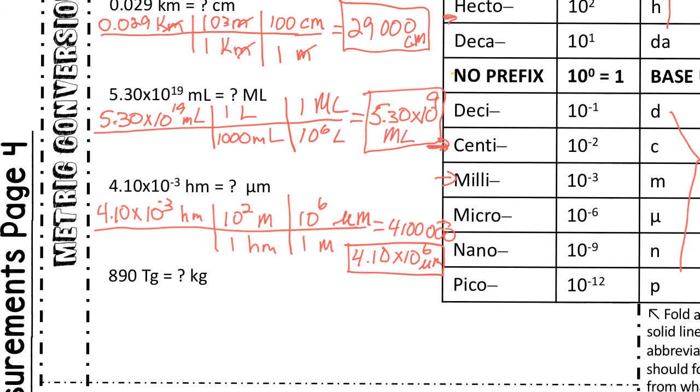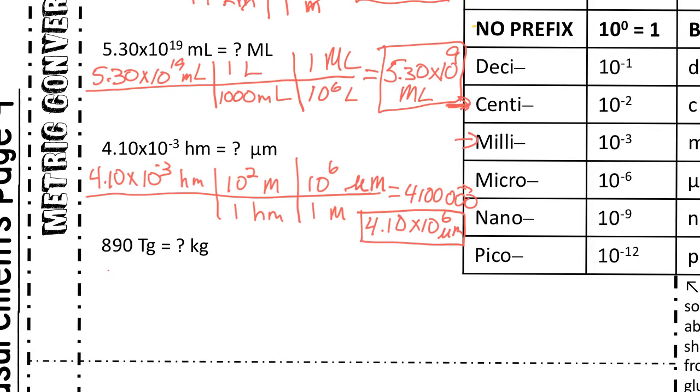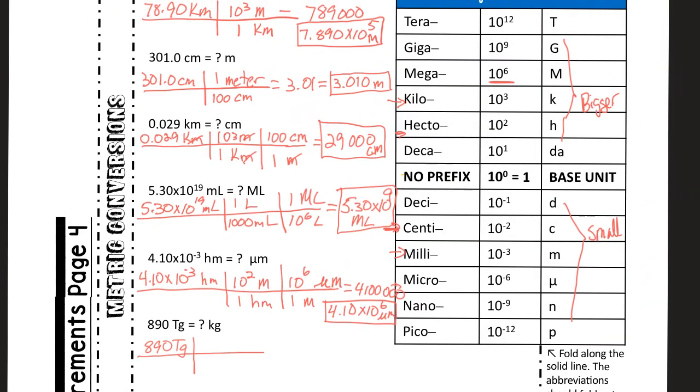Last one. So we're going from teragram to kilogram. Everything is above the base unit. So we've got 890 teragram. A teragram, there it is, 10 to the 12 meters. Oops, sorry, let me back that up. 1 teragram is 10 to the 12 grams.